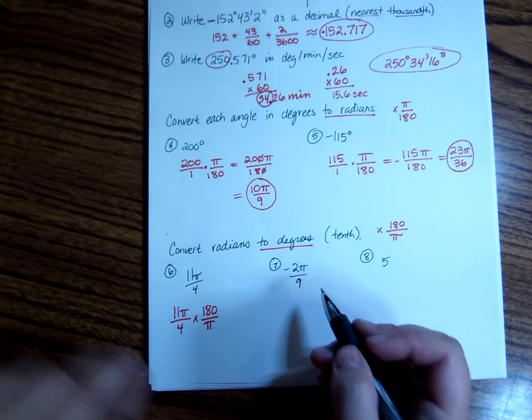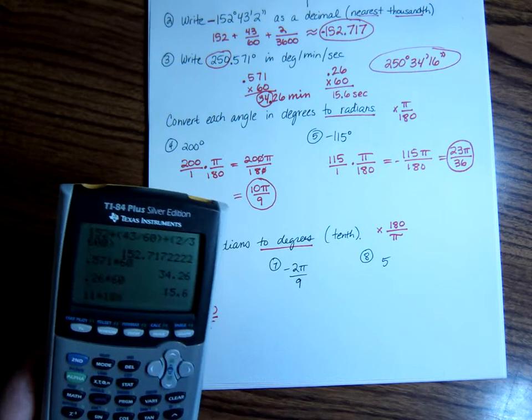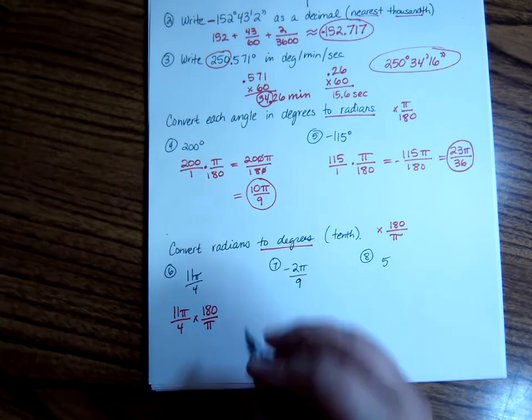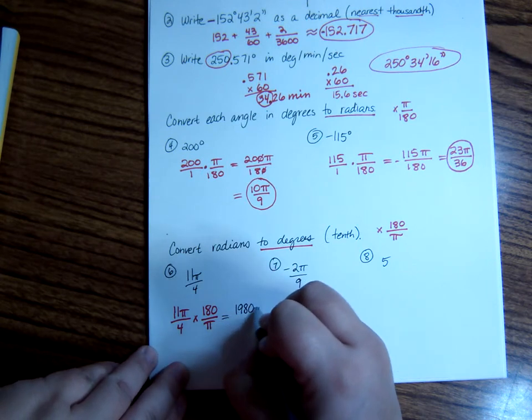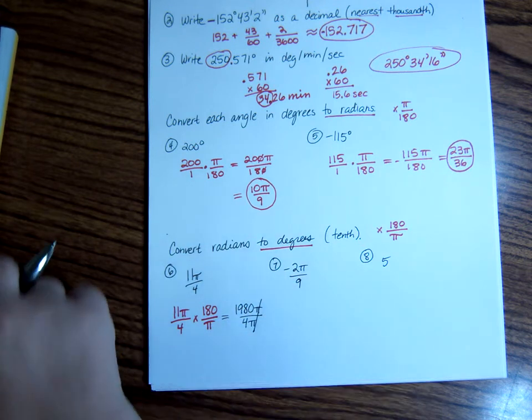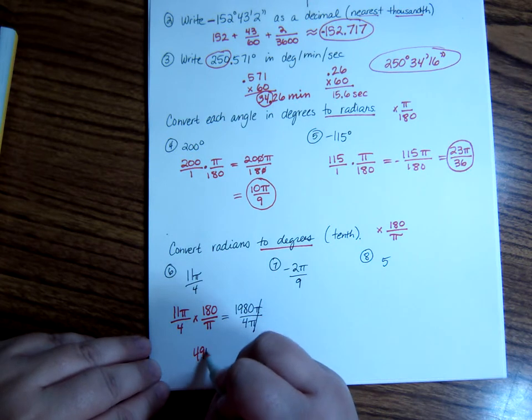It has the same end effect. So 11 times 180 is 1980. This seems really familiar. I'm thinking we just did these. Yeah, we did together, I think. Okay, so that gives me 495 degrees.